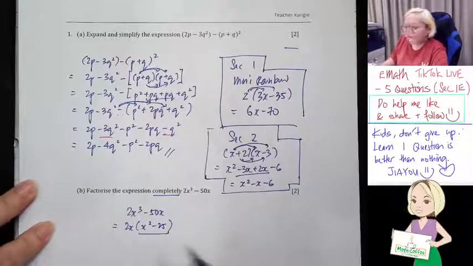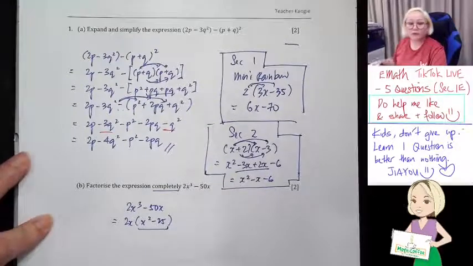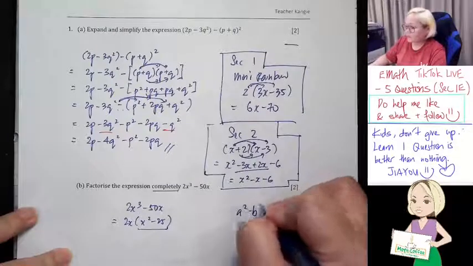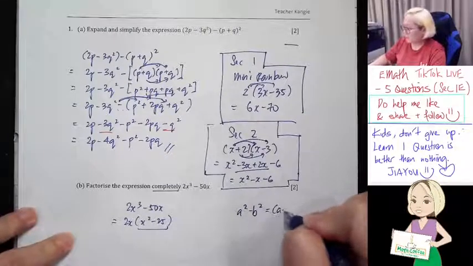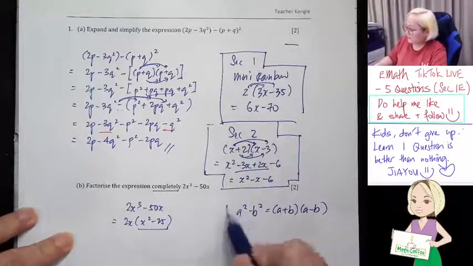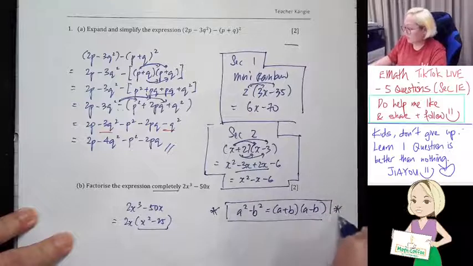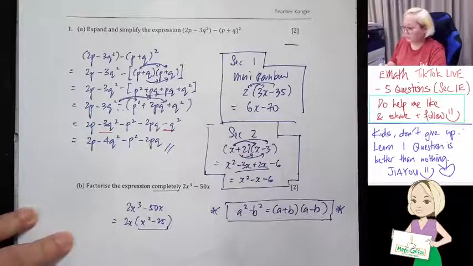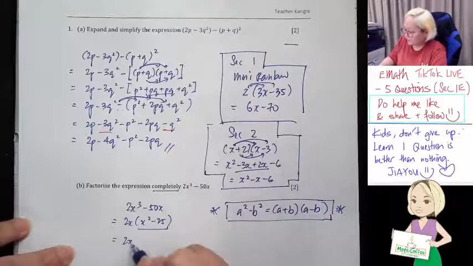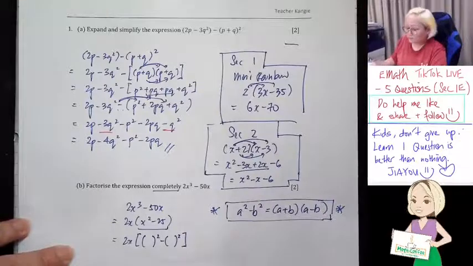Then for this bracket, you ask yourself, can I further factorize? In Sec 2, you will learn this factorization: a squared minus b squared is equal to (a + b)(a - b). This is a Sec 2 factorization, and it is a very important method that always comes out. Yes, 5 squared. What I usually do is, with the 2x, I put something squared minus something squared.